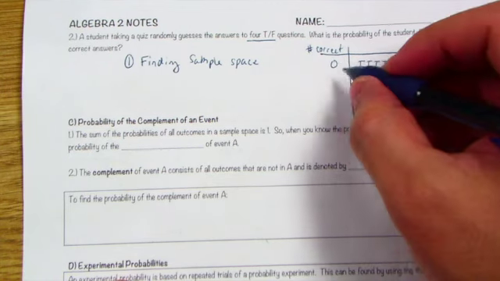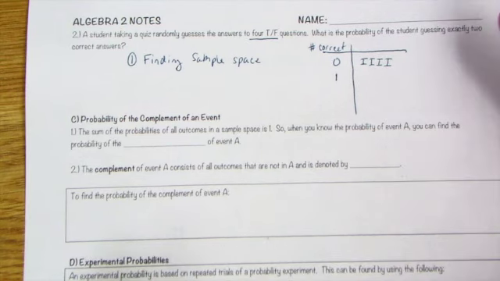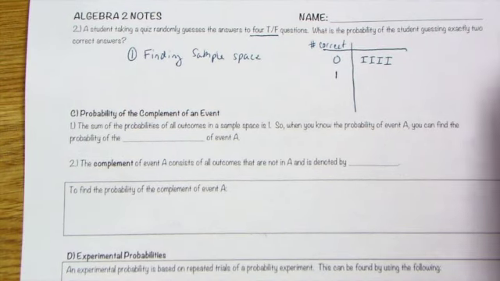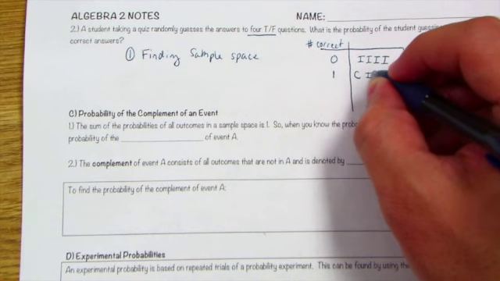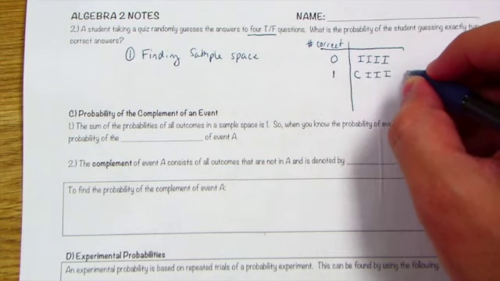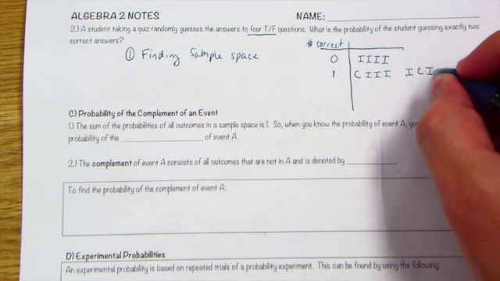But if I get 1 correct, the specific problem I get correct can change. So I could get the first one correct and the last 3 incorrect. I could get the second one correct and the rest incorrect.